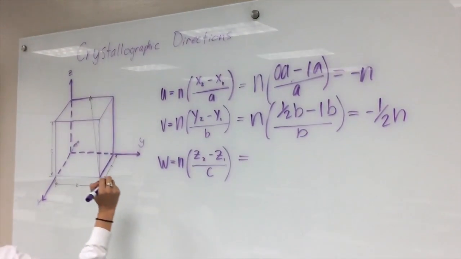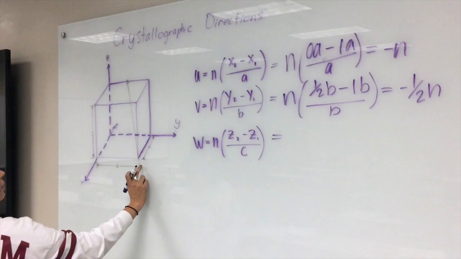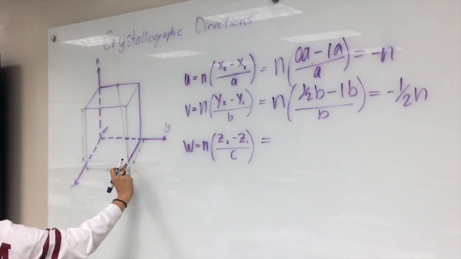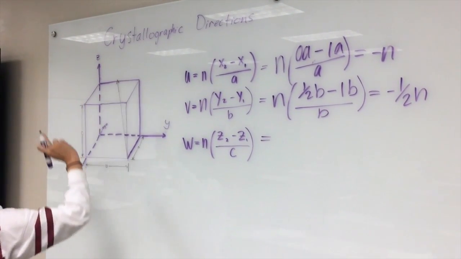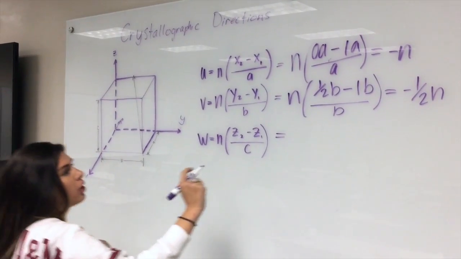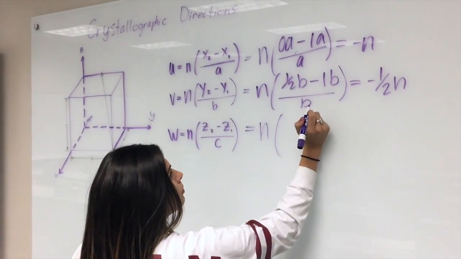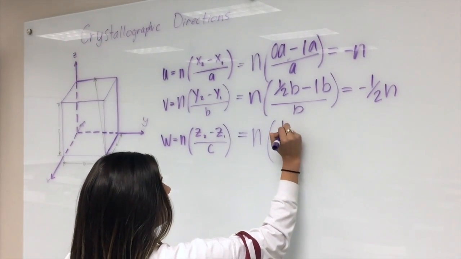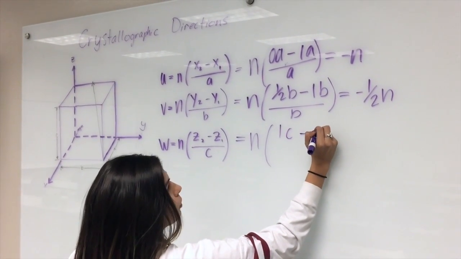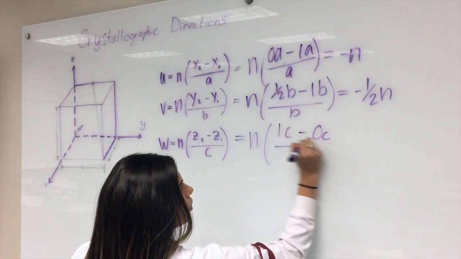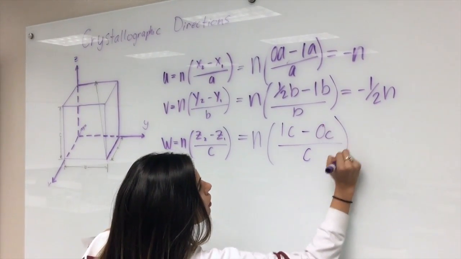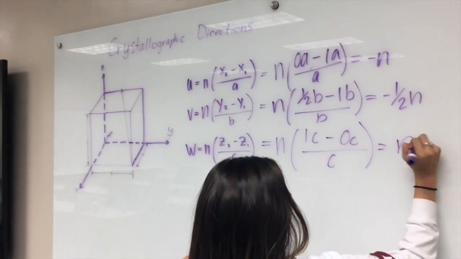And then lastly, we look at our z direction, which we're going from 0, the origin, to positive 1. So our z2 would be 1c, and z1 would be 0c, over c, which would equal positive n.